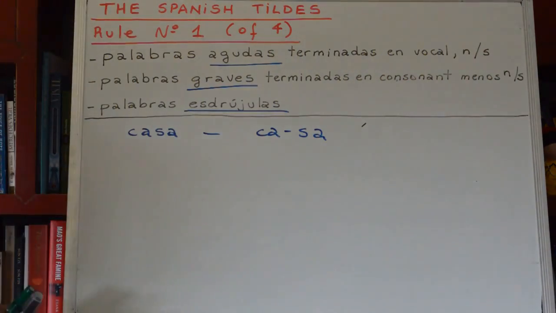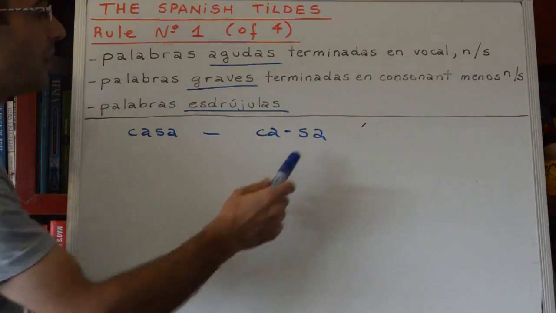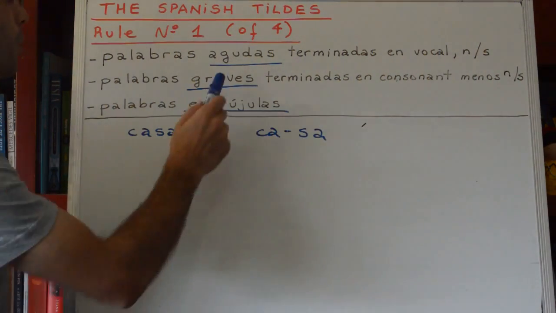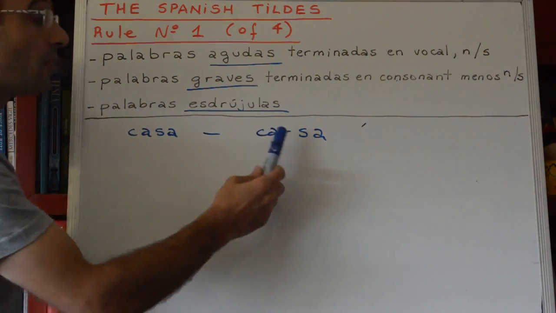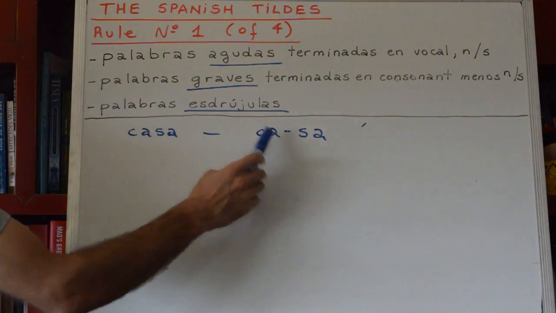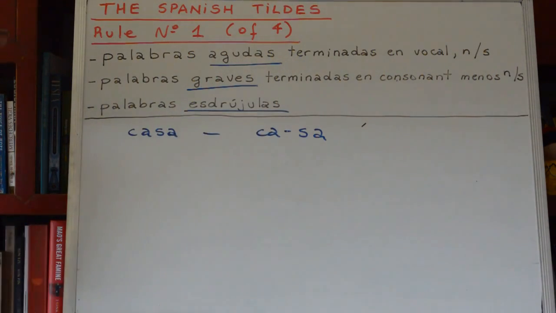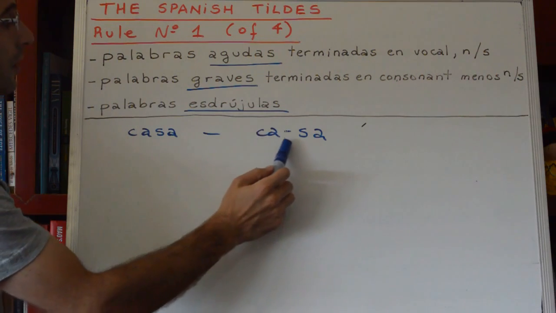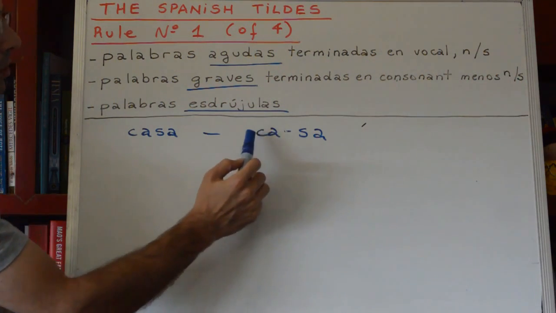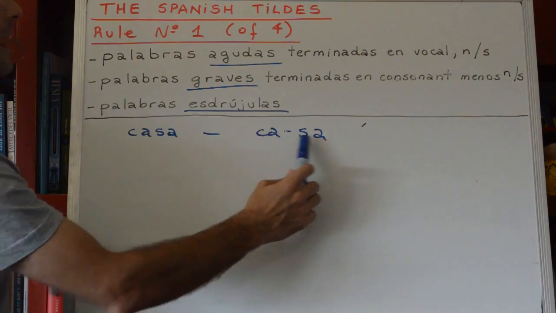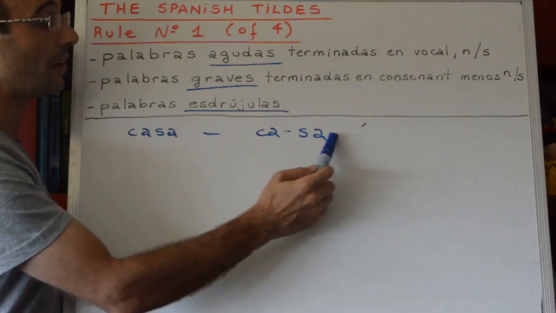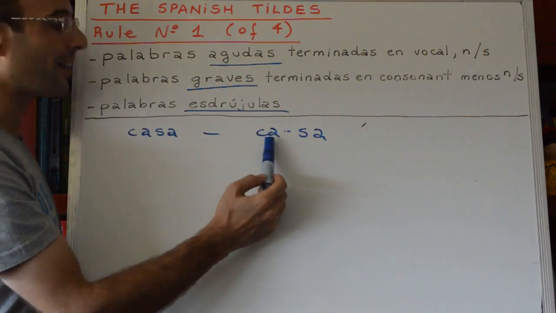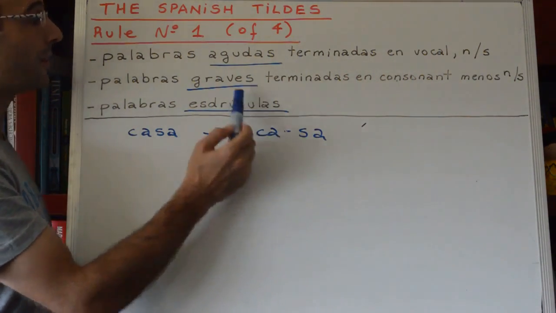Words that are agudas are those that have the accent in the last syllable. Words that are graves are the ones that have the accent in the last but one syllable. So, casa is grave because it's the last but one syllable that is accentuated. It's not casa; if it were, it would be aguda because the accent would be at the end. It is casa. The accent is here, so it is grave.